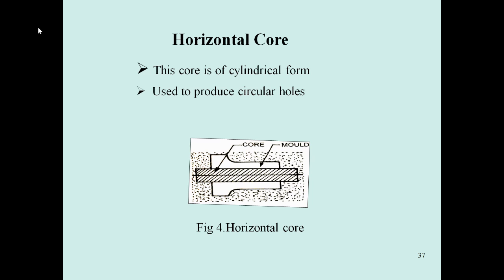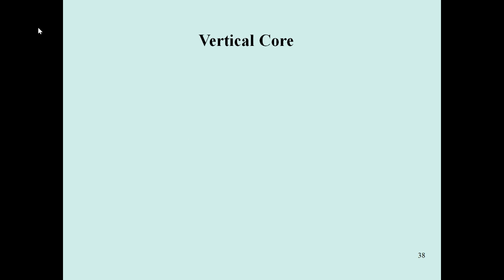If we require circular holes, with the help of this horizontal core we can produce cylindrical or circular holes. These cores should be placed horizontally in a mold.